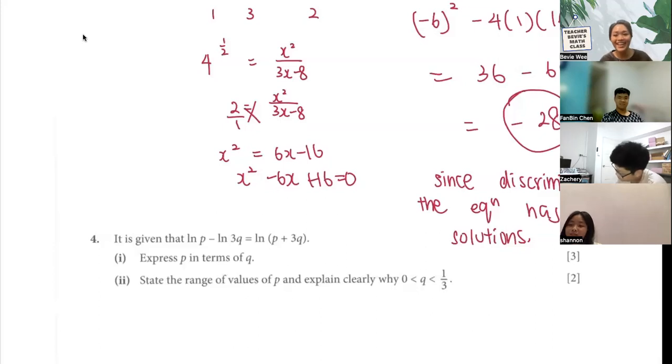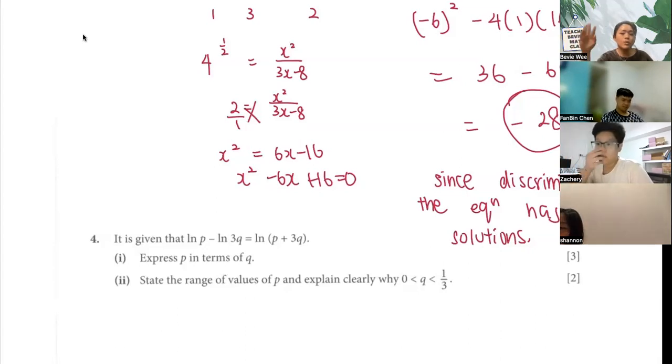Zachary cannot. I mean, it depends on the question. Don't go back and forget everything. Pampin, same for you. Logarithm? What is logarithm? To decide whether we use log or ln, every time I see an e, we will always try to use ln because ln e is 1. Correct or not? If we don't see an e, then we'll go with log base 10, so that if we need to use the calculator, we don't have to change any base again.